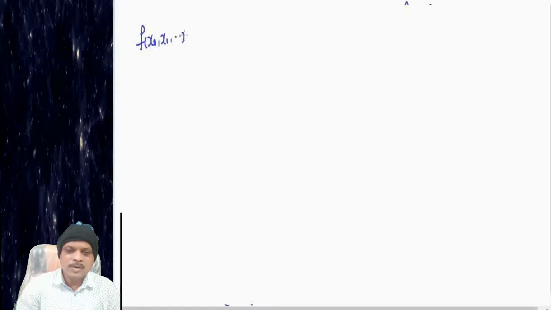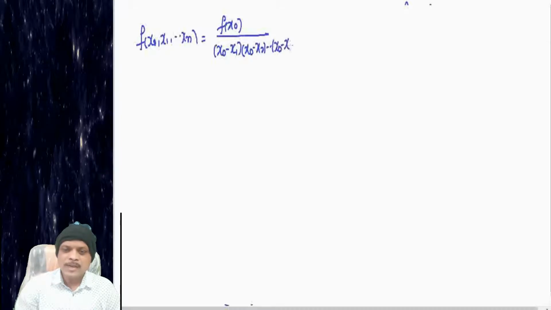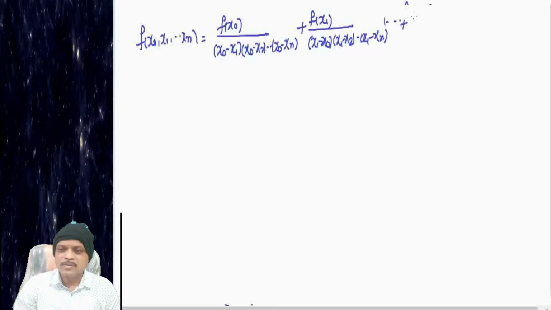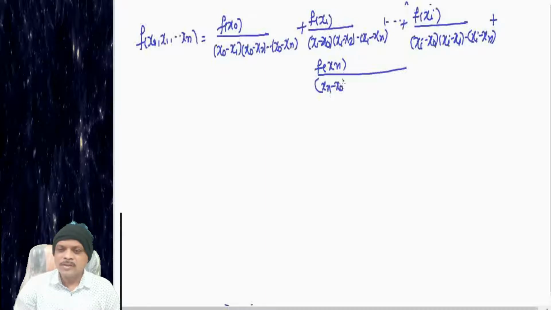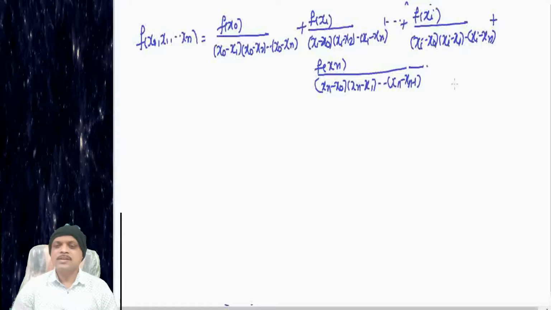Then, by assuming the nth divided difference, we have f of x0, x1, up to xn, which equals f of x0 divided by x0 minus x1, x0 minus x2, up to x0 minus xn, plus f of x1 divided by x1 minus x0, x1 minus x2, up to x1 minus xn, plus f of xi divided by xi minus x0, xi minus x1, up to xi minus xn, plus f of xn divided by xn minus x0, xn minus x1, up to xn minus 1. So this is the nth divided difference.